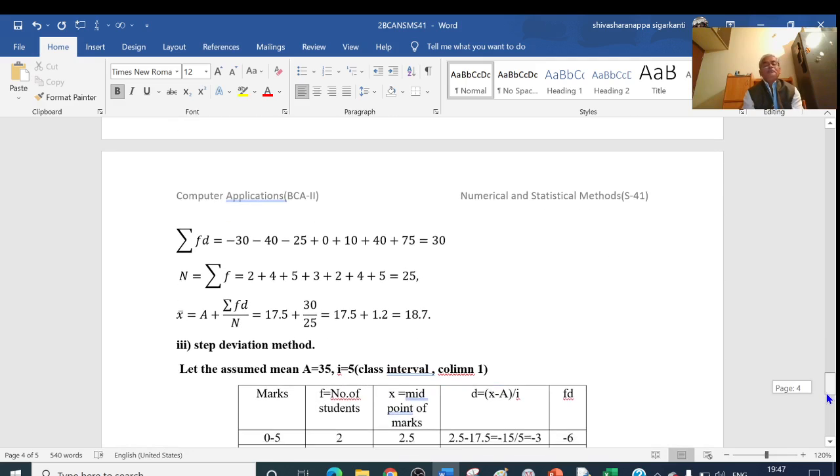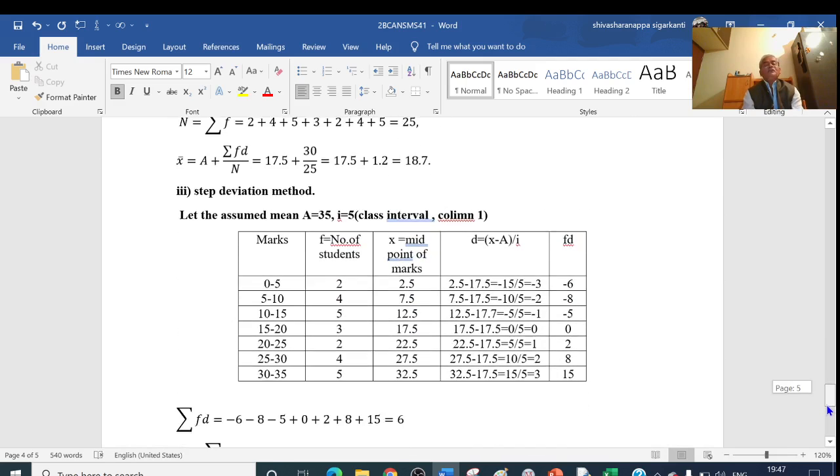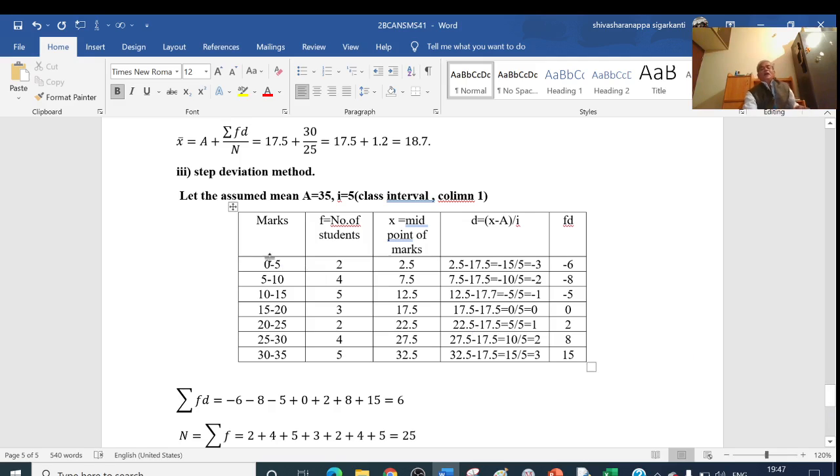18.7 is the answer. Similarly, we go for the step deviation method. Again, as usual, we write the first column as the class interval, the second column as the frequencies, the third column as the midpoints. Here the width of the interval is 5.